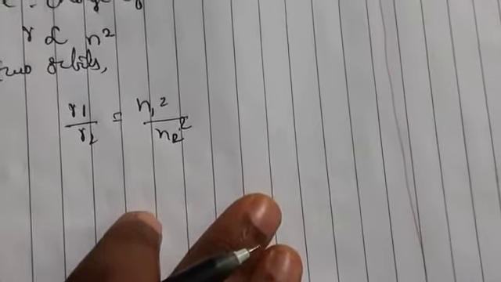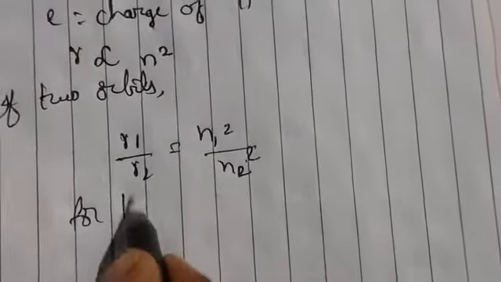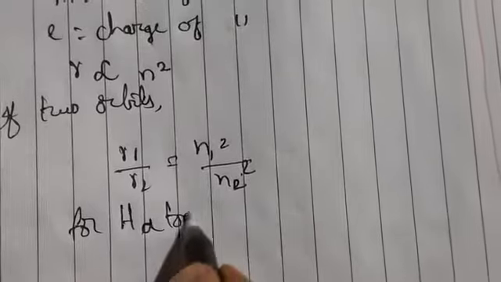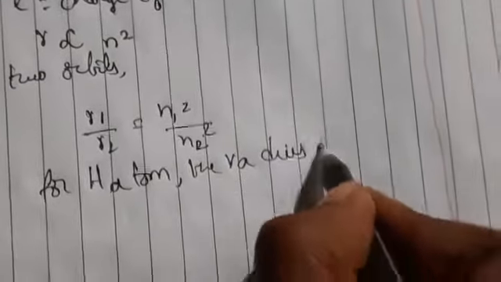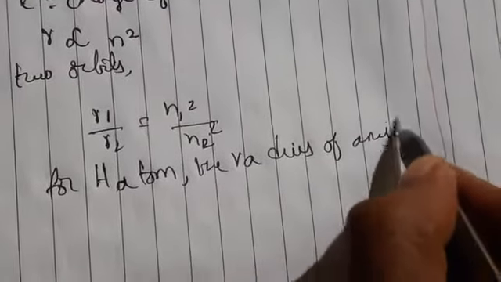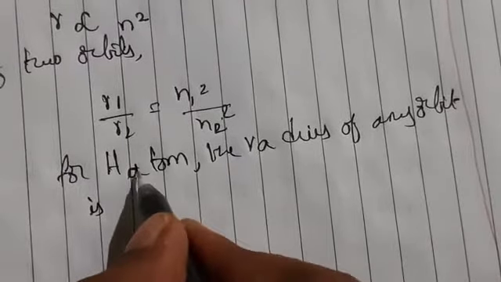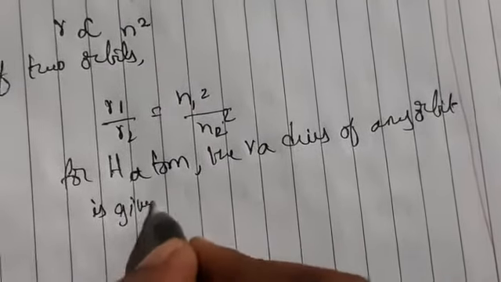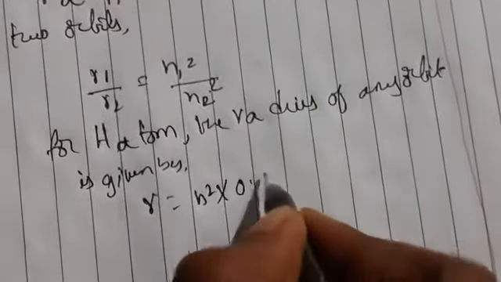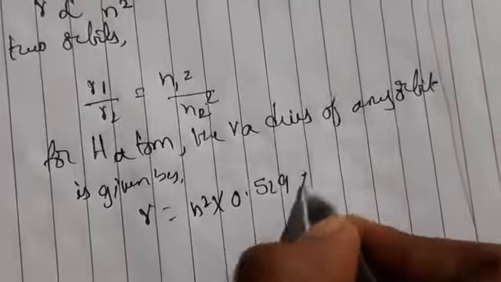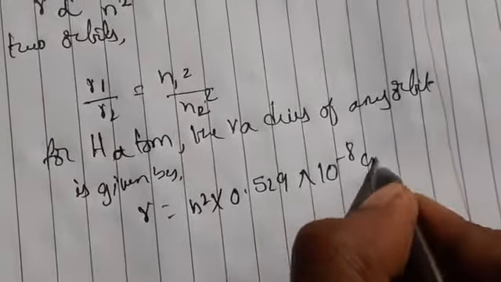For the hydrogen atom, the radius of any orbit is given by r is equal to n square into 0.529 into 10 to the power minus 8 centimeter.